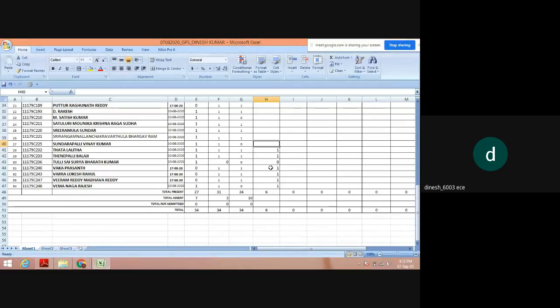Vinay Kumar, Bhargav Ram, Sundar, Sri Ramulu Sundar, Ragasudha, yes, sir.